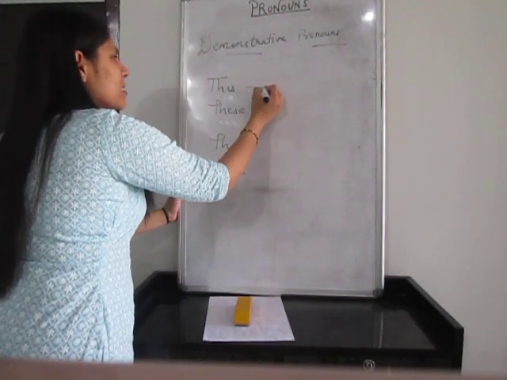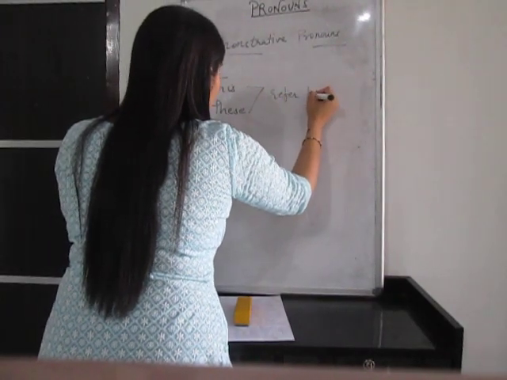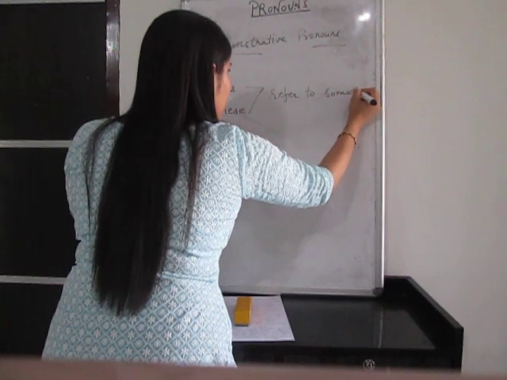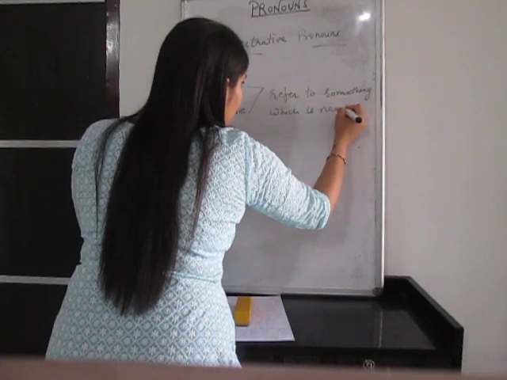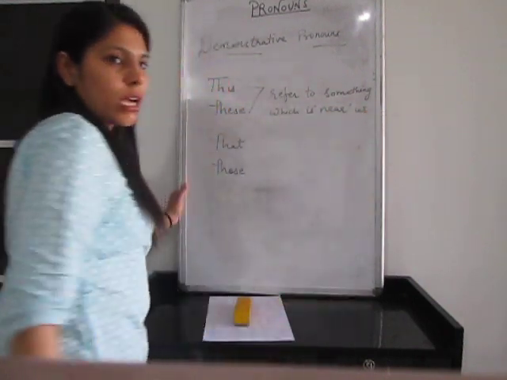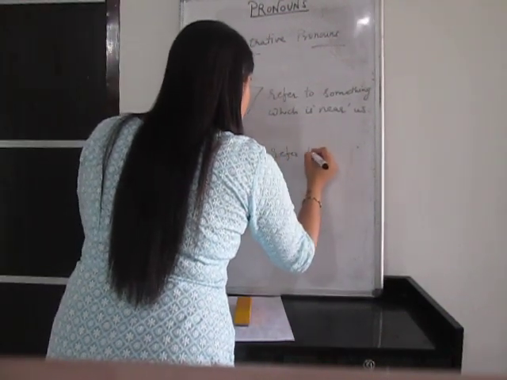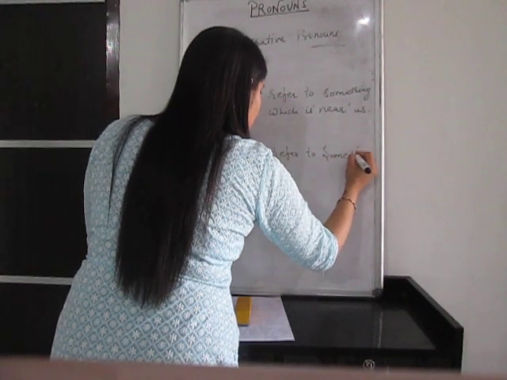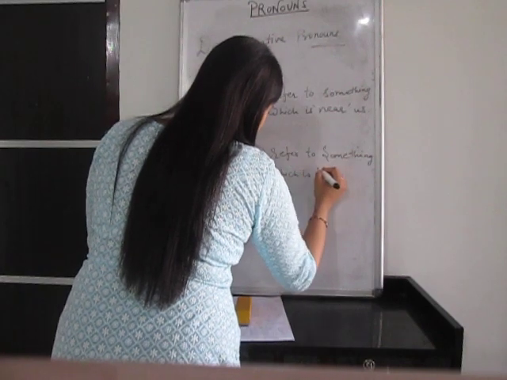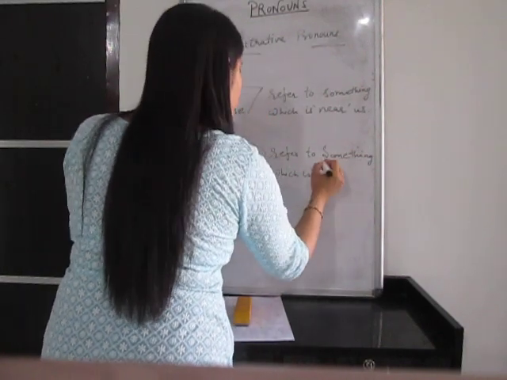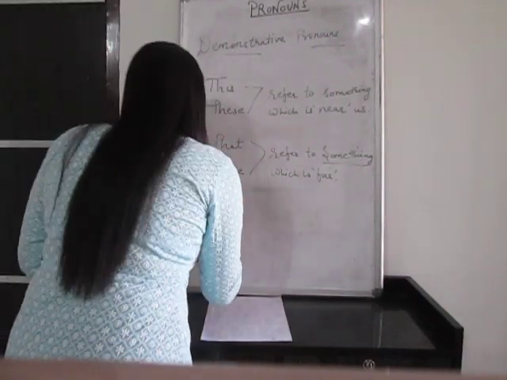This and these are used to refer to something which is near us, and that and those refer to something which is far. This something can be a person, place, animal, anything. Now I'll give you examples.